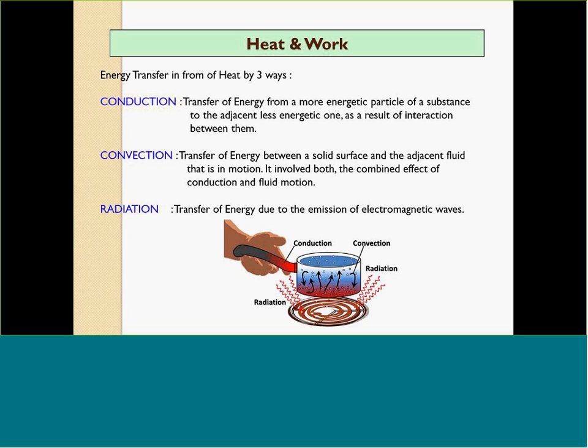You're going to have two different densities: at the hot area you have less dense fluid, and at the colder area you have higher density.